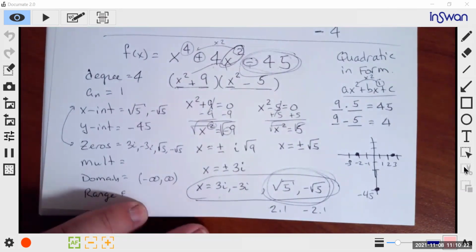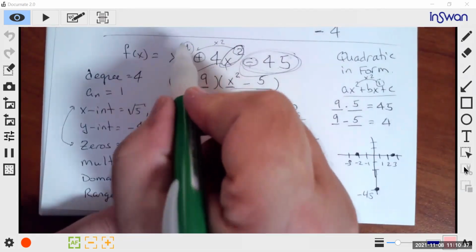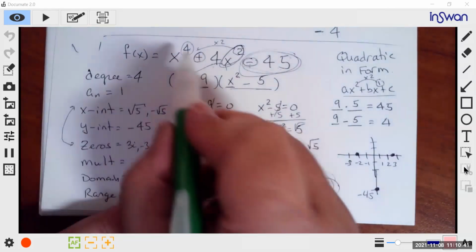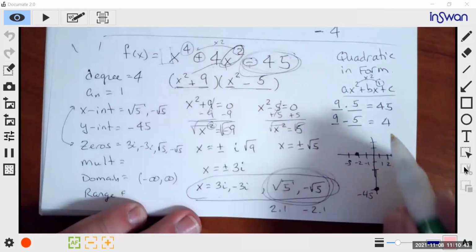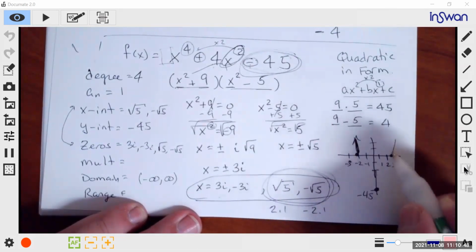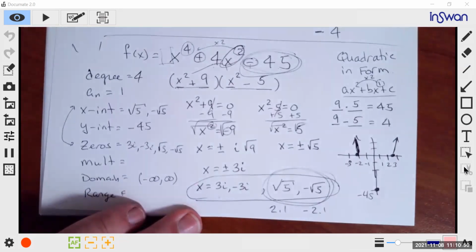So what's the graph going to look like? It's like a U, because it's an even exponent. So we know that both ends have to point the same direction. Because it's positive, they both have to point up. So the graph at this point has to point up, and the graph at this point has to point up.